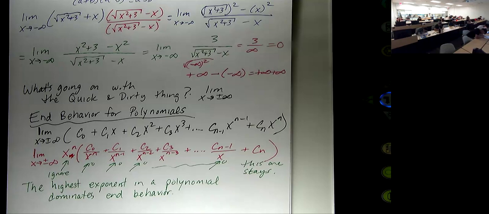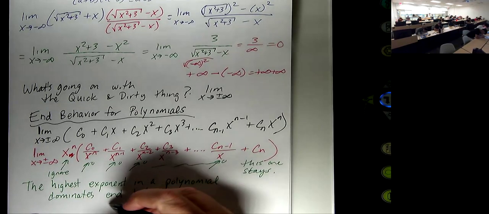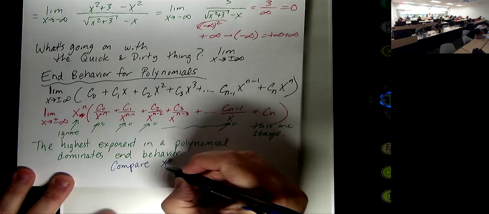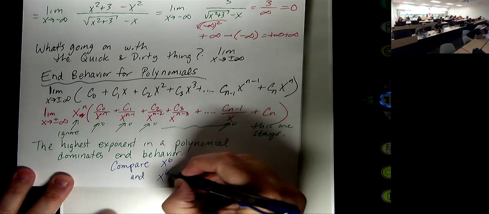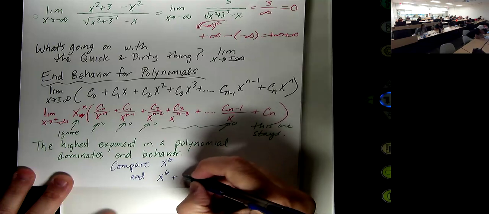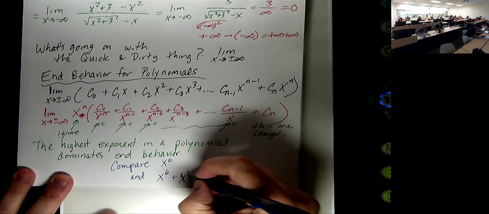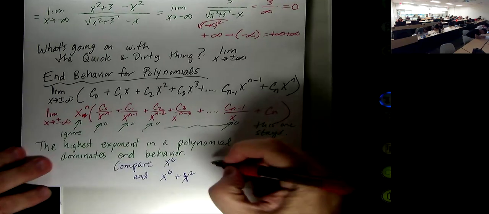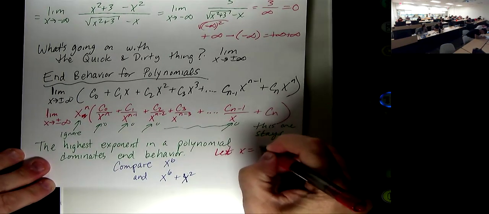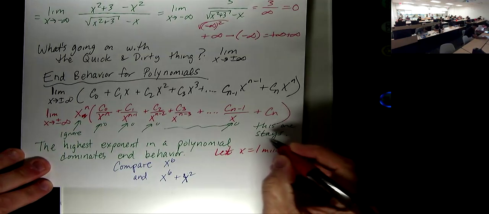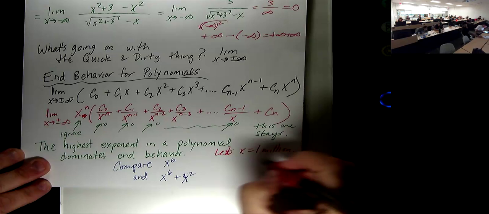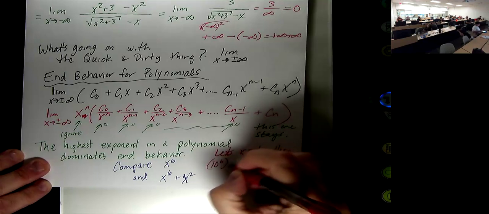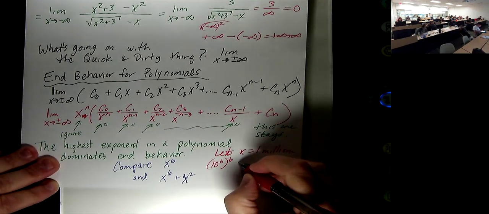I'll point out an example. If you compare x to the sixth and x to the sixth plus x squared, and we do something really large, like let x equal 1,000,000. 1,000,000 is 10 to the 6, raised to the 6th power, so 10 to the 36.